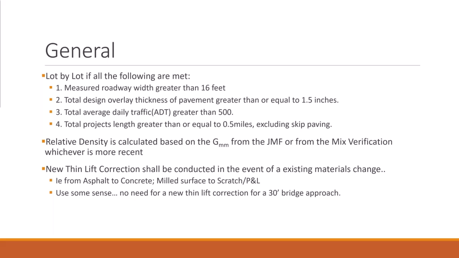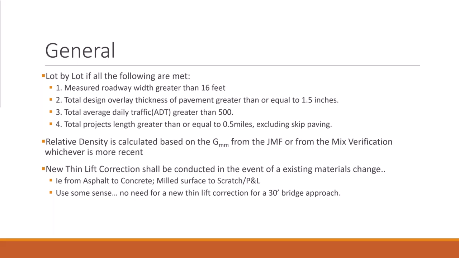The relative density is always calculated off of the GMM from the JMF or the verification, whichever is more recent. And then the thin lift correction shall be conducted in the event of an existing material change. Chad mentioned this, just reiterating that if you go from asphalt surface to a concrete surface or milled surface to a scratch or PNL, there'll be a need for a new thin lift.